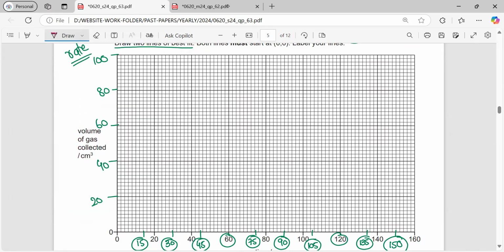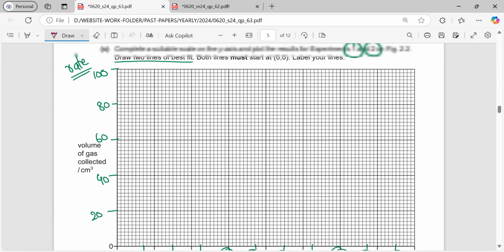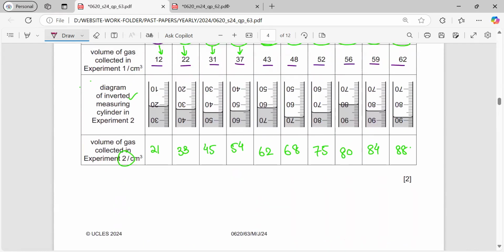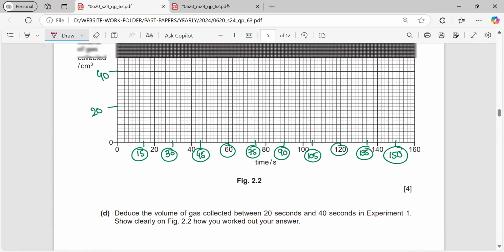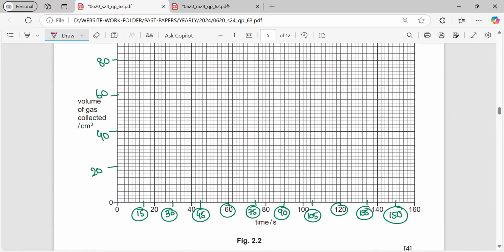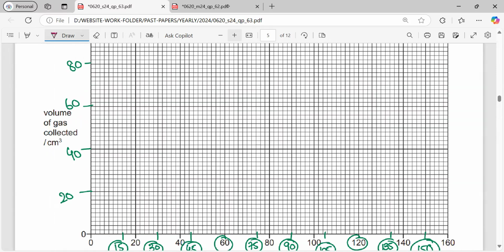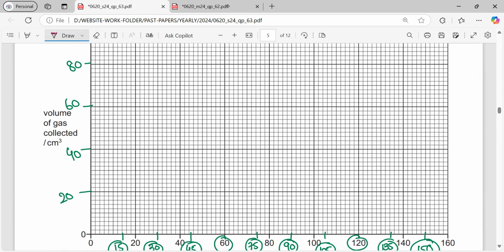So we'll take this scale. Experiment 1 is 12, experiment 2, 21. So let's draw. Somewhere here, 12 and 21.